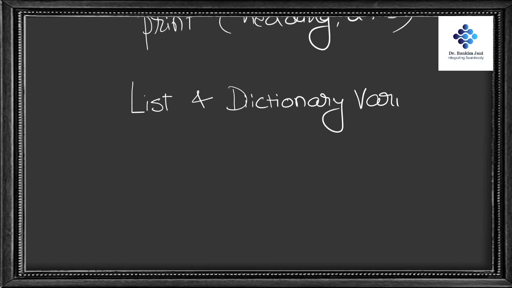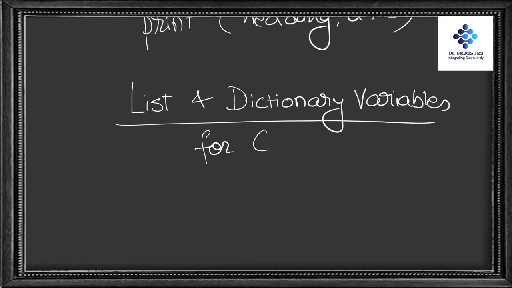the next one, we see the concept of what is a list and what is a dictionary variable. Simple variables were for understanding. Now we don't just use one or two simple variables, because we are handling some complex data, so we need to go into more complex variables.